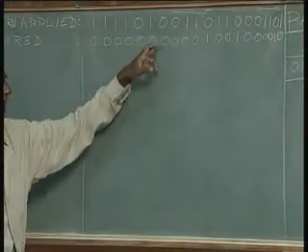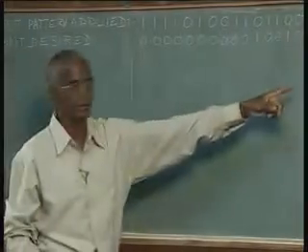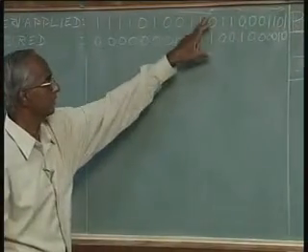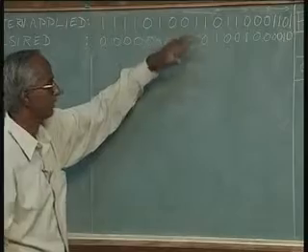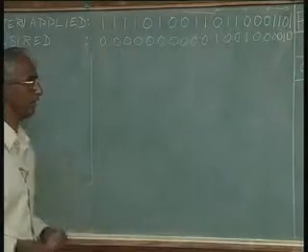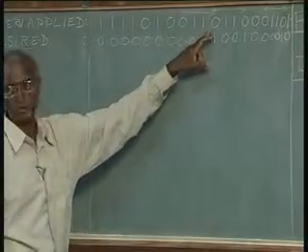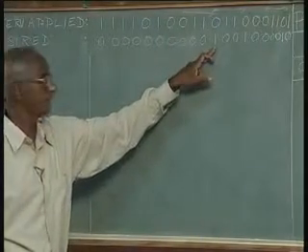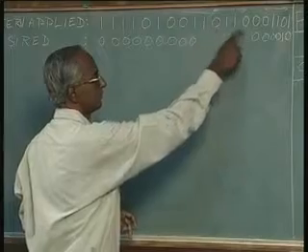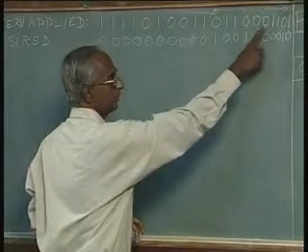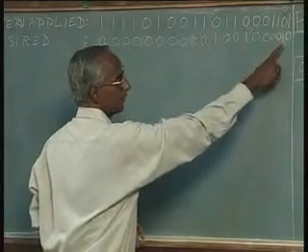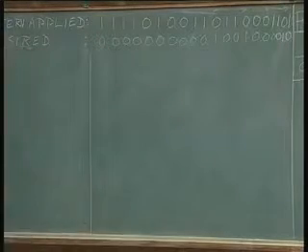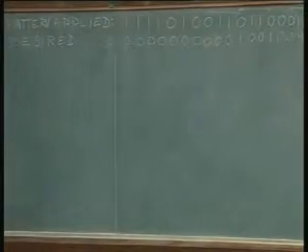The very first encounter with this 0110 pattern is here. It's all lined over the top, and 0110 is encountered here. Right at that point of time we want to put 1 here, and once again this 0110 will produce 1 here, and 0110 once again will produce 1 here.